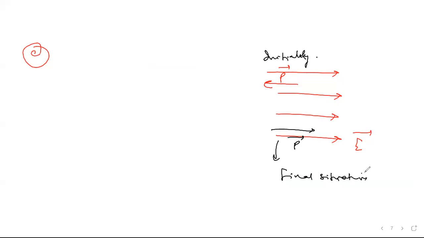So let us move to the calculation. Now the work done, let me use some other color.